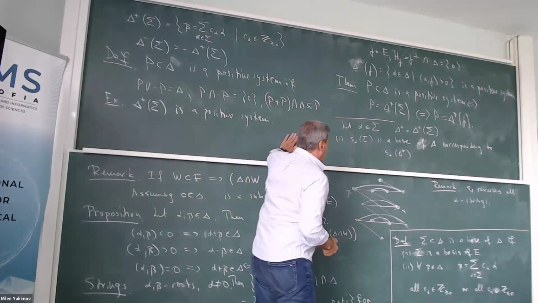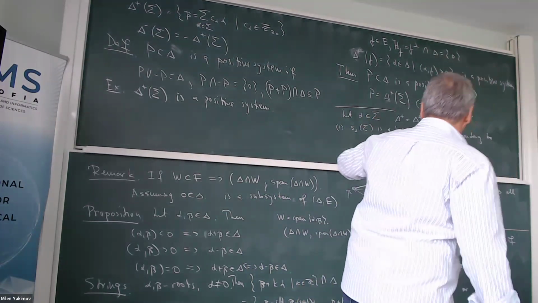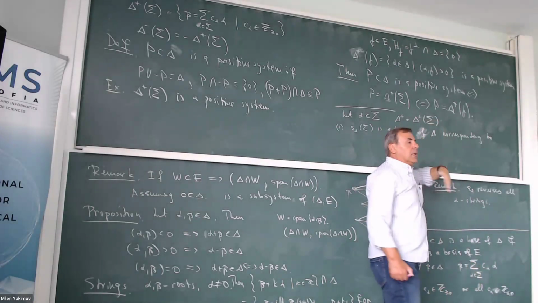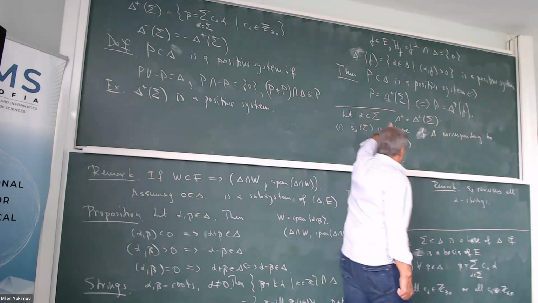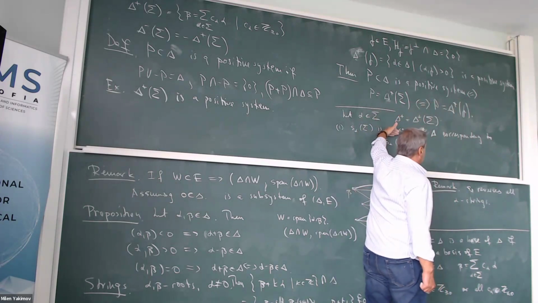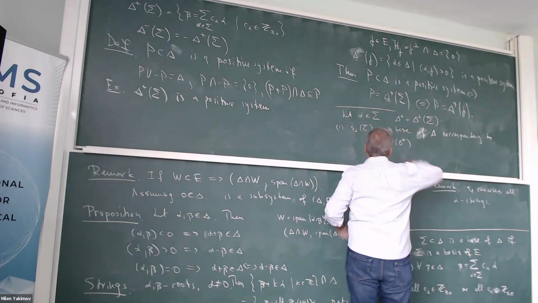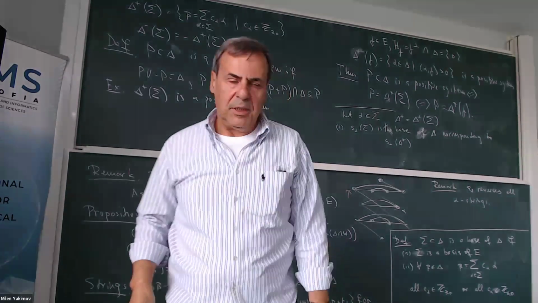So in this sentence, there are several claims. The first claim is that if I take delta plus, reflect all roots, this is still a positive system. And this positive system has a base. This base is exactly the base that is just the reflection of all the elements.